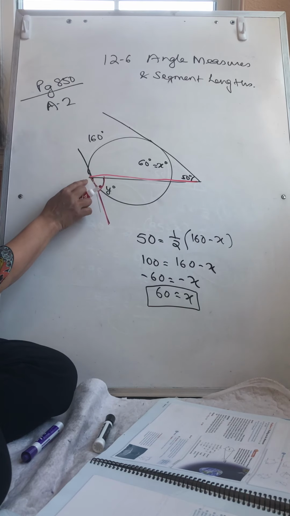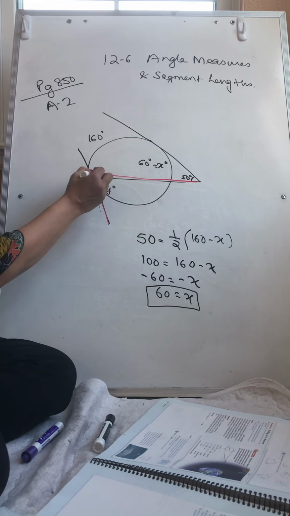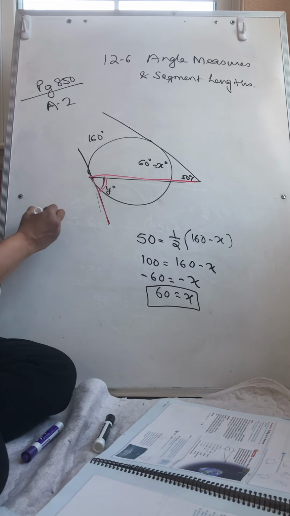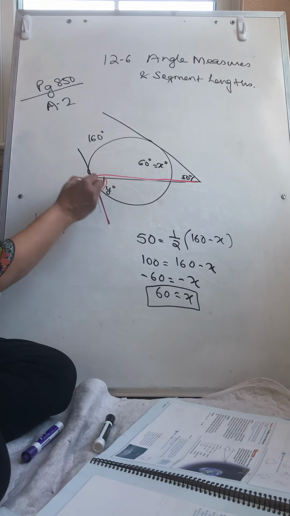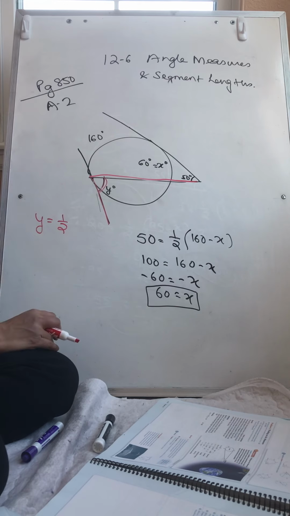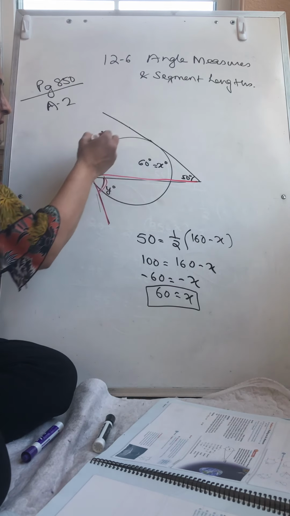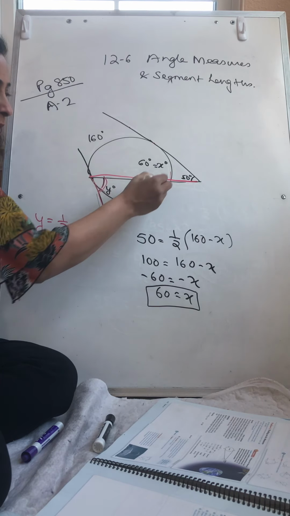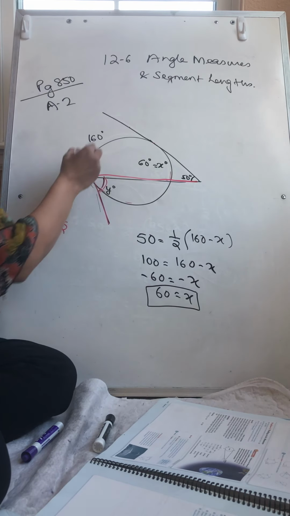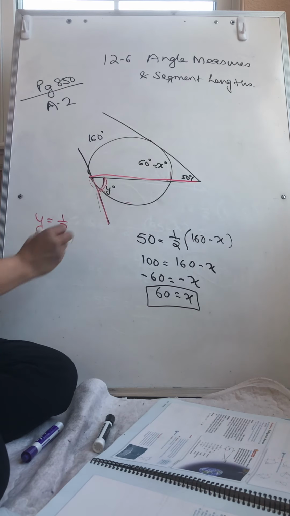It's an inscribed angle. So because it's an inscribed angle, what I know is this angle y is half of the intercepted arc. Do I know the intercepted arc? Not yet. But I can find out, because this is 160 and this is 60. I know together all the arcs are going to be 360.